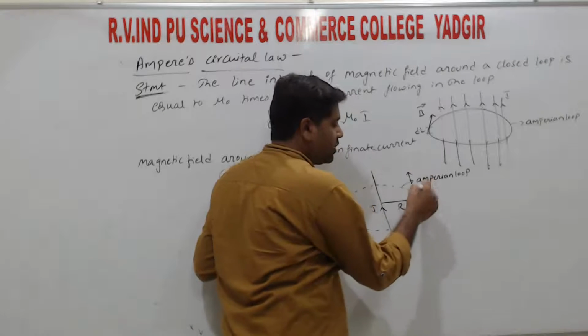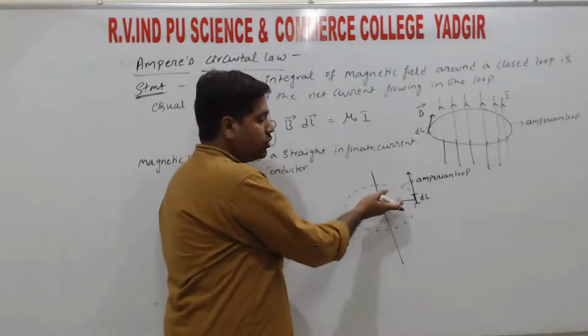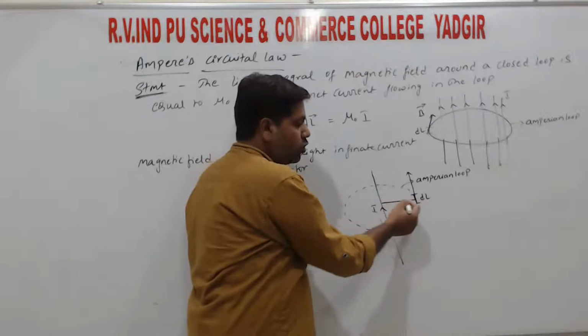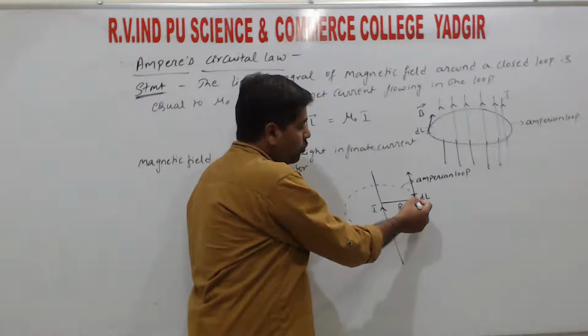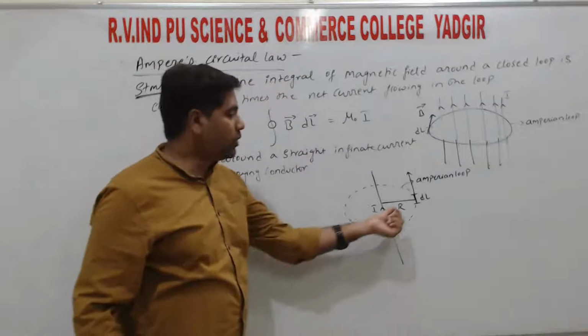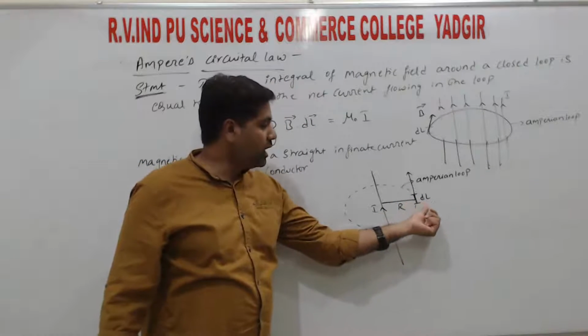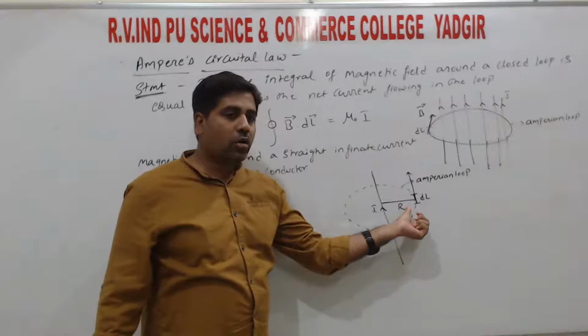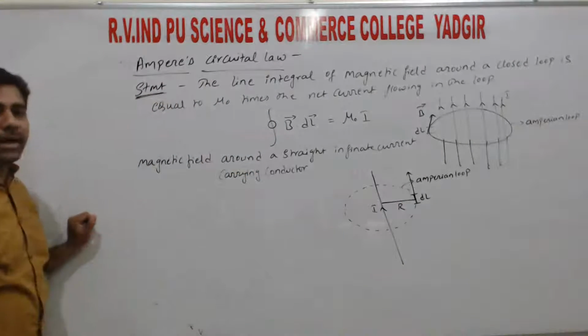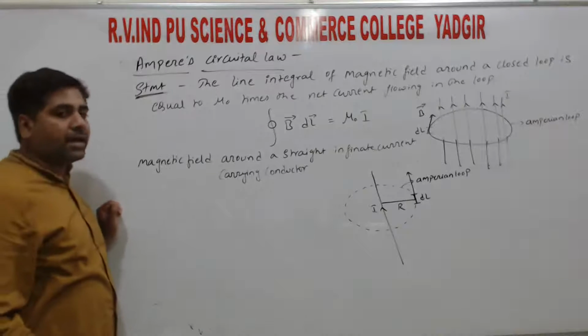So tangential again it is perpendicular to the radius, the line joining the conductor, that is the source, to the line element. So dl is always perpendicular to R, right? So this is the description for the magnetic field around the current carrying conductor.